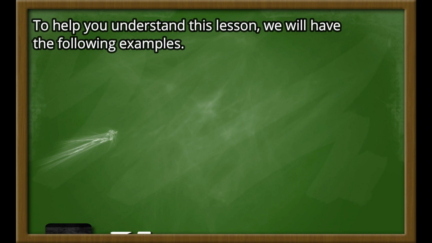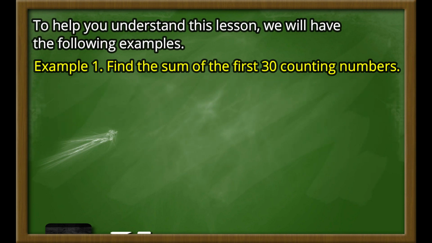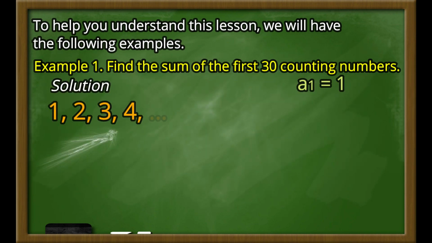To help you understand this lesson, we will have the following examples. Example number 1. Find the sum of the first 30 counting numbers. Since counting starts with 1, for the first 30 counting numbers, we have 1, 2, 3, 4, up to 30. The 30th term is therefore 30.